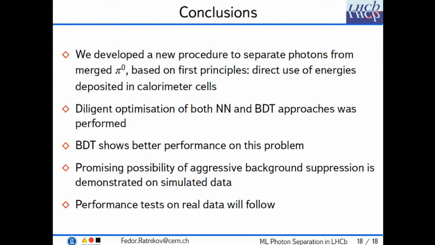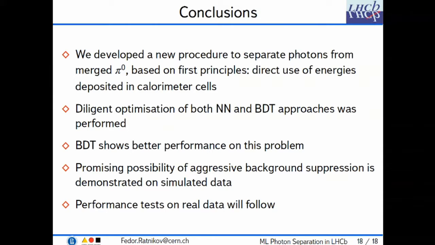Nevertheless, here are the conclusions. We tried to implement a new procedure to separate photons from pi-zeros based on low-level characteristics, to get that separation from first principles. And we succeeded.